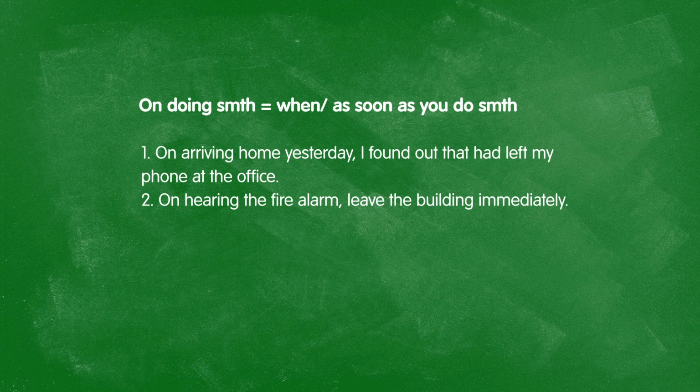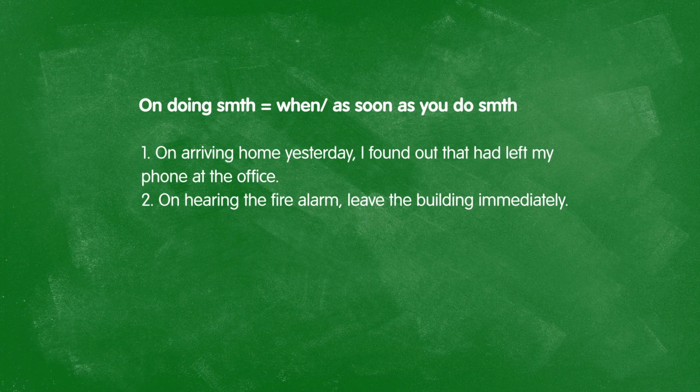I've walked in the door, and at that moment I say, oh, I don't have my phone. Or, in another example, on hearing the fire alarm, leave the building immediately. In this case, I'm giving you a command, or a very strong suggestion, that if you hear the fire alarm, you should leave at the moment you hear it.